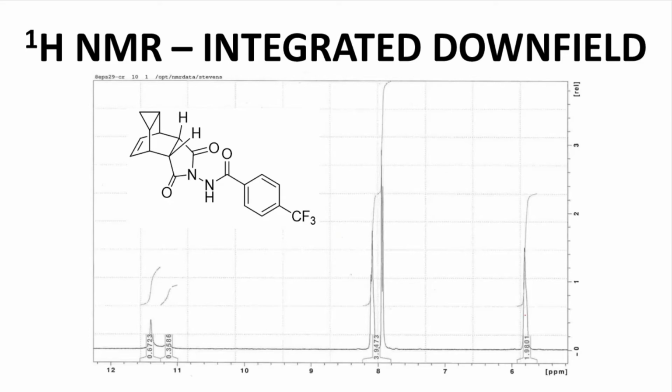Close to 6 ppm, we have the 2 alkene hydrogens. They look good. Continuing downfield, we have 2 separate signals for the hydrogens on the aromatic ring.